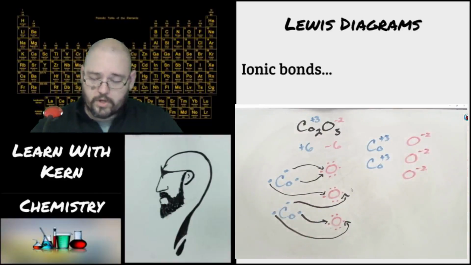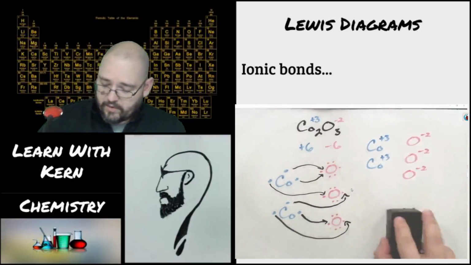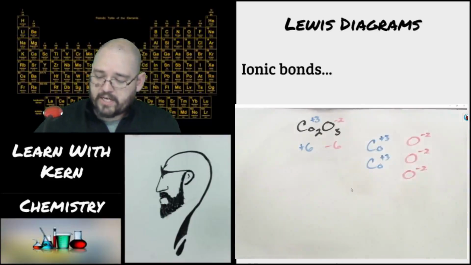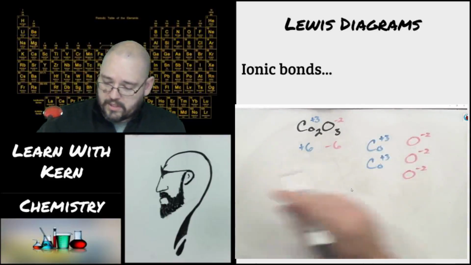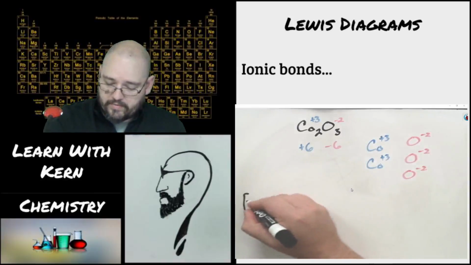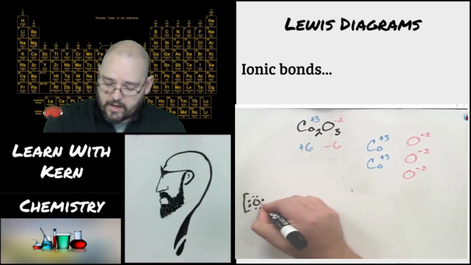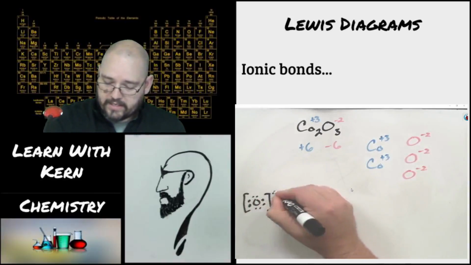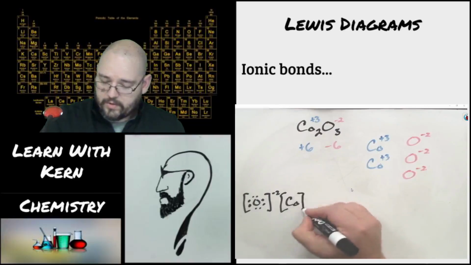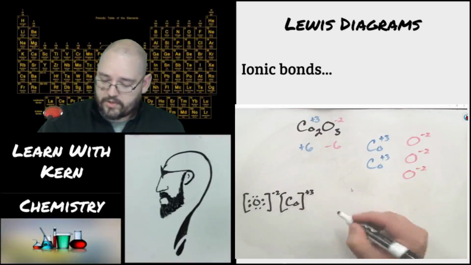So to write out my Lewis diagram, I'm going to erase this real quick so I have room. To write out my Lewis diagram, I'm going to start with my oxygens, because there's more of them. So I'm going to have an oxygen that has its 8 valence electrons and a -2 charge. And then I have a cobalt with a +3 charge.